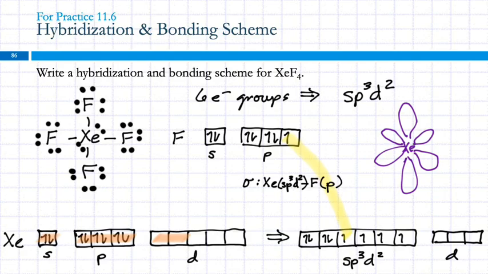Use your imagination, it's 3-dimensional. And then the fluorine is using unhybridized p orbitals, and I'll maybe do one here. And so that's overlapping.